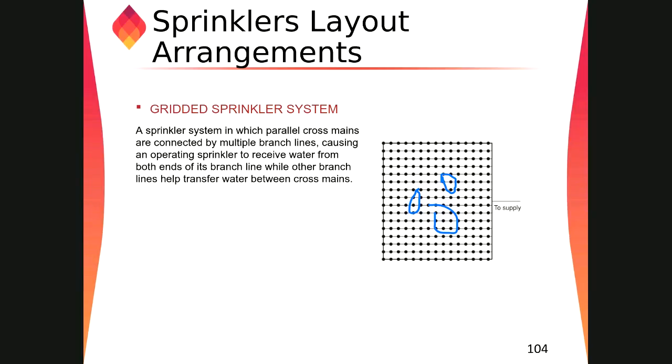Mostly you can find this kind of arrangement in some buildings where we don't have any kind of obstruction, like warehouses, big gymnasiums, or sports complexes. This kind of arrangement will be good for us. We just have to put the main line 4 inch on all four sides, and then put the branch line 1.5 inch or 2 inch.